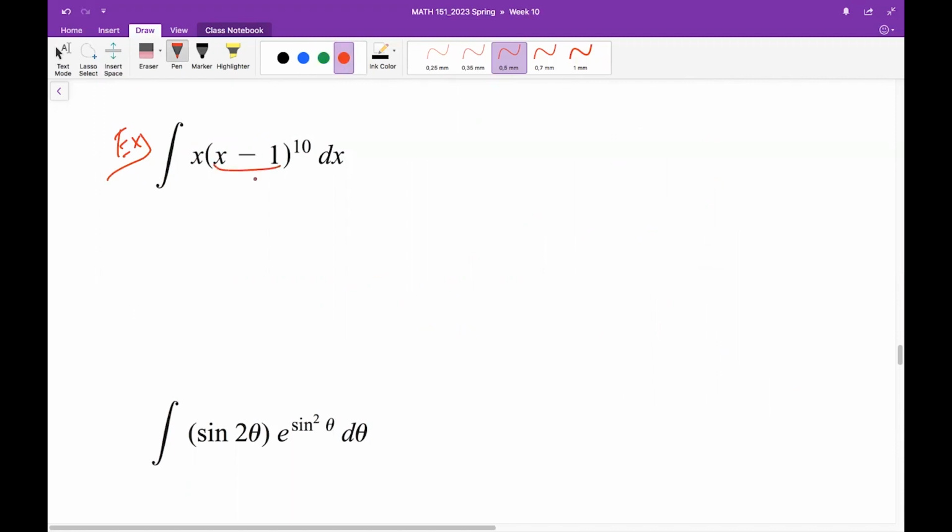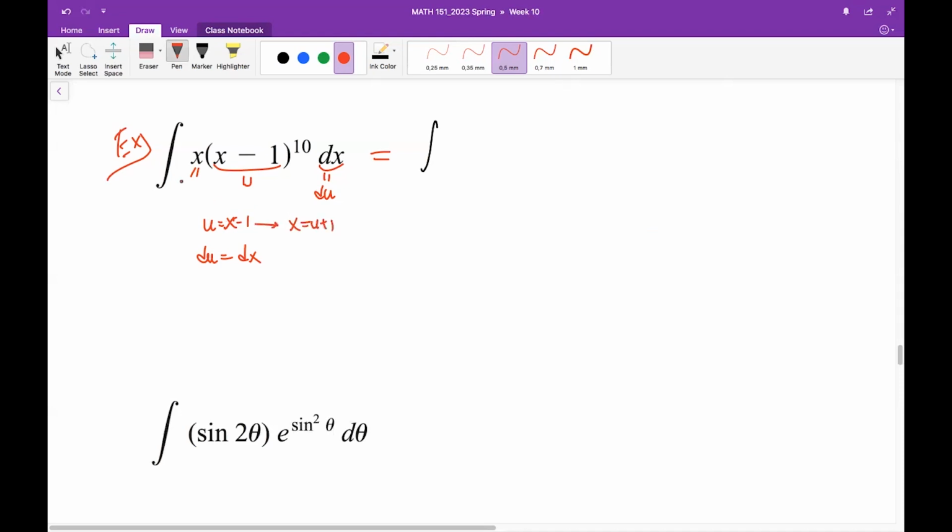Instead, we can call this part as u and try to rewrite the function in terms of u's and du's. Let's try it. X minus 1 is u, then du is dx, right? Derivative of it. Then our integral can be rewritten as du, but what about just x? You need to transform everything in terms of u's or du's. So is there a way to rewrite x in terms of u? You see, there is a way here.